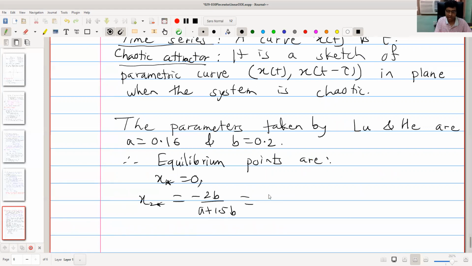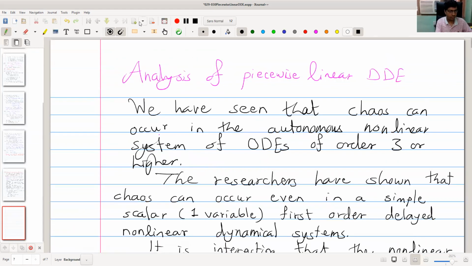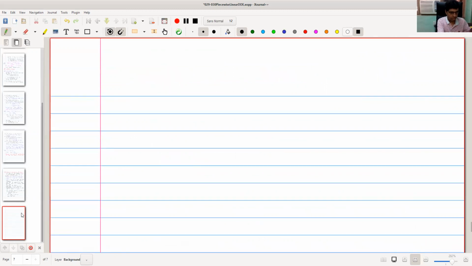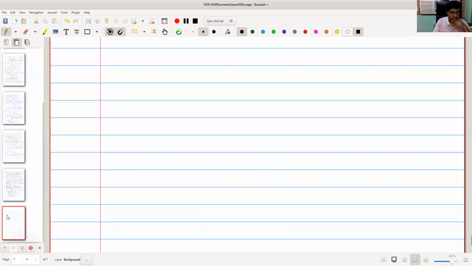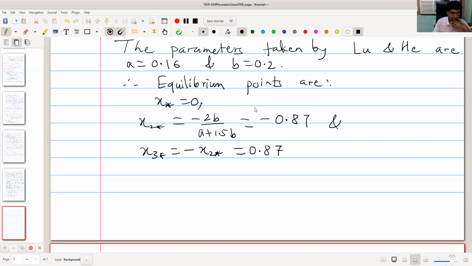If you simplify using a calculator, you will find that this is minus 0.87 and x3 star is nothing but minus x2 star, and that is 0.87. Okay, so we get all these 3 points. Now we are interested in 1.5b.